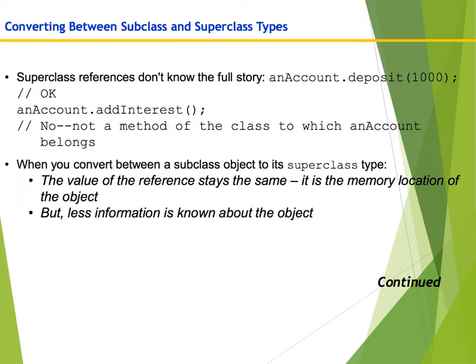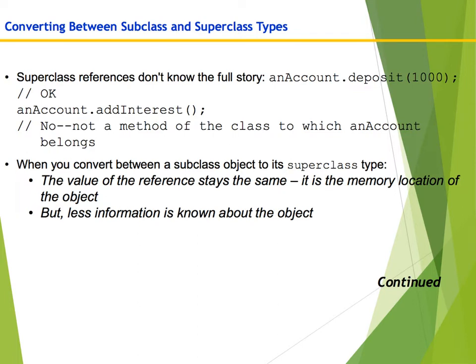Although we know that an account refers to a savings account, and a savings account has that method, the compiler only sees bank account, and bank account doesn't have an add interest method. Writing this line is not acceptable for the compiler.